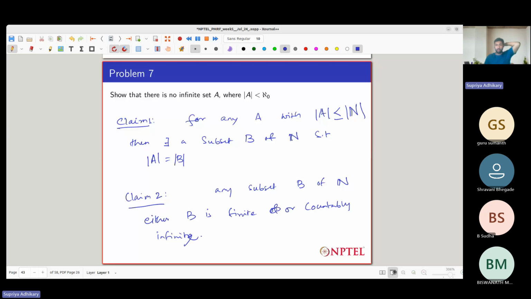That means that B is countable. So B is either finite or countably infinite, which means that B has to be countable. So now let us first prove these two claims.